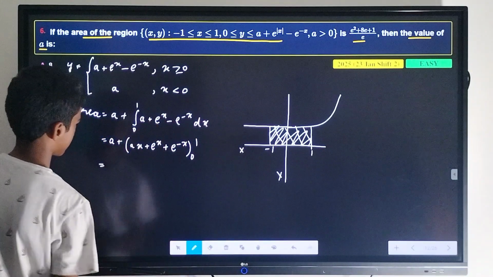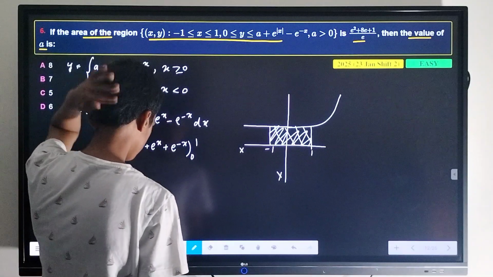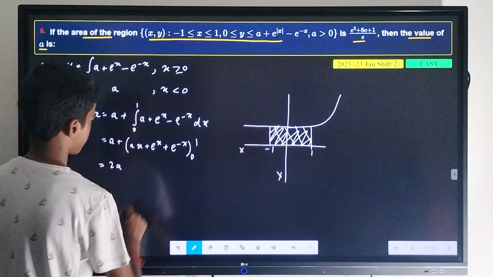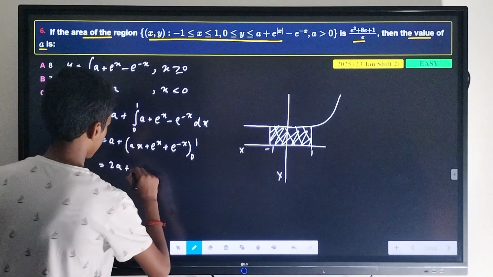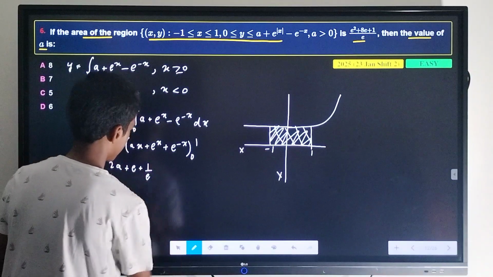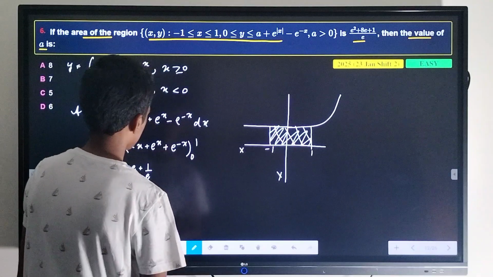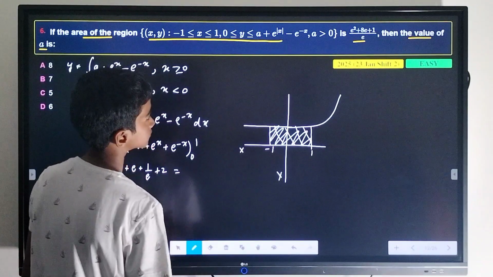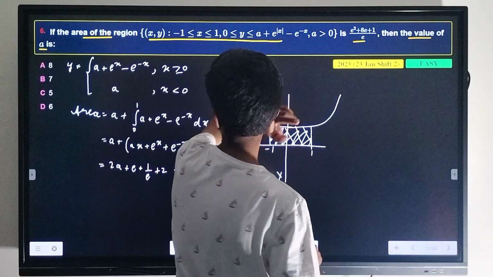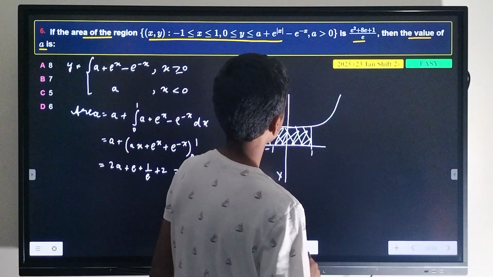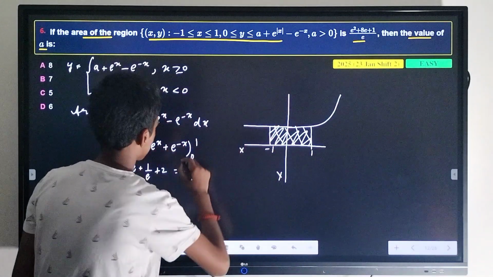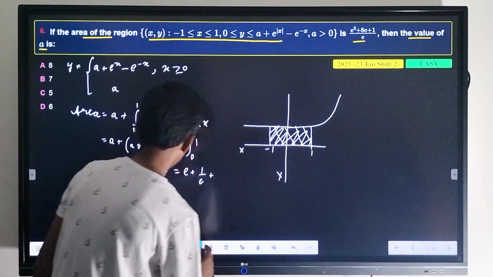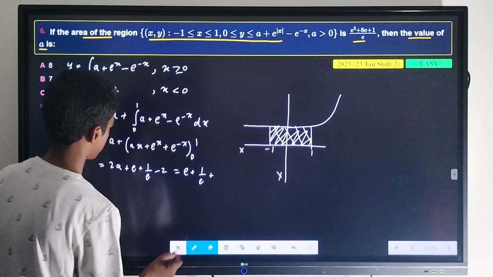So from here this is equal to 2a plus e plus 1 upon e, and plus 2 is equal to, from here we will get e, we can write this as e plus 1 upon e plus, wait a minute, this will be minus 2.